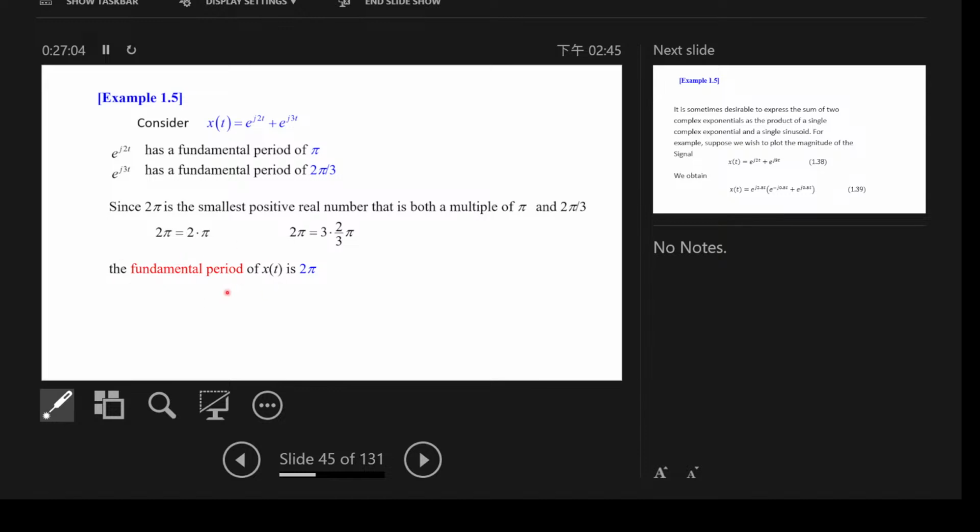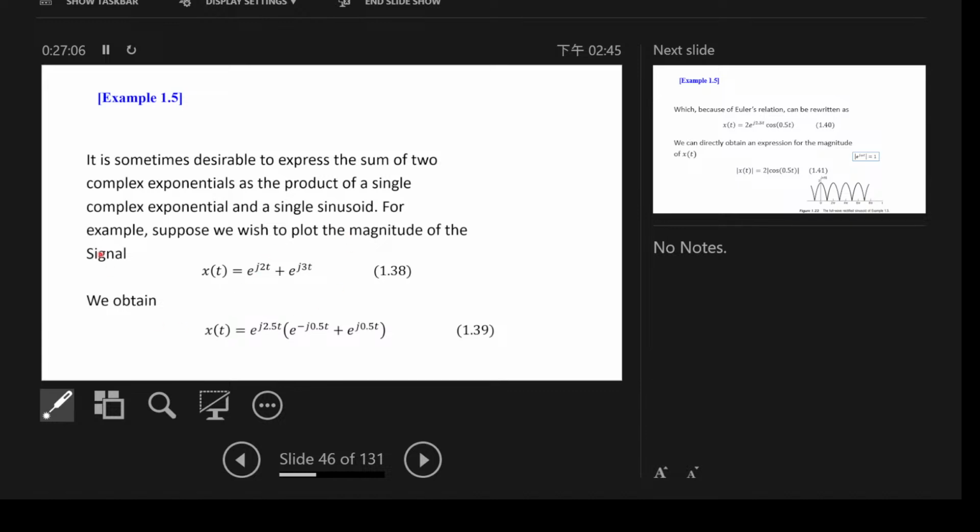Okay, and then we can also do some mathematical tricks. Sometimes we want to write the signal in different forms. So this signal is e to the j2t plus e to the j3t. Then we can do some mathematical manipulation and take out e to the j2.5t and leave e to the minus j0.5t and e to the plus j0.5t here. And why do we want to write it in this form?